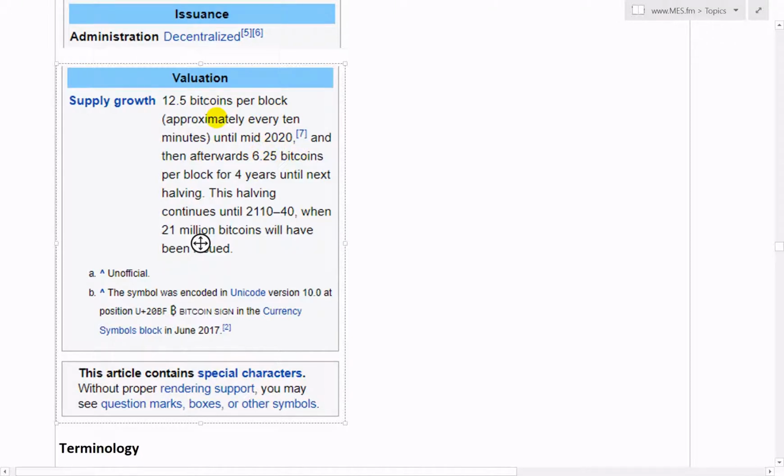So that keeps getting more and more Bitcoins for each block that gets made, and then afterwards 6.25 Bitcoins per block for 4 years. It gets halved, so 12.5 divided by 2 is 6.25, for 4 years until the next halving. This halving continues until 2110 to 2140, about 100 years later, when 21 million Bitcoins will have been issued.